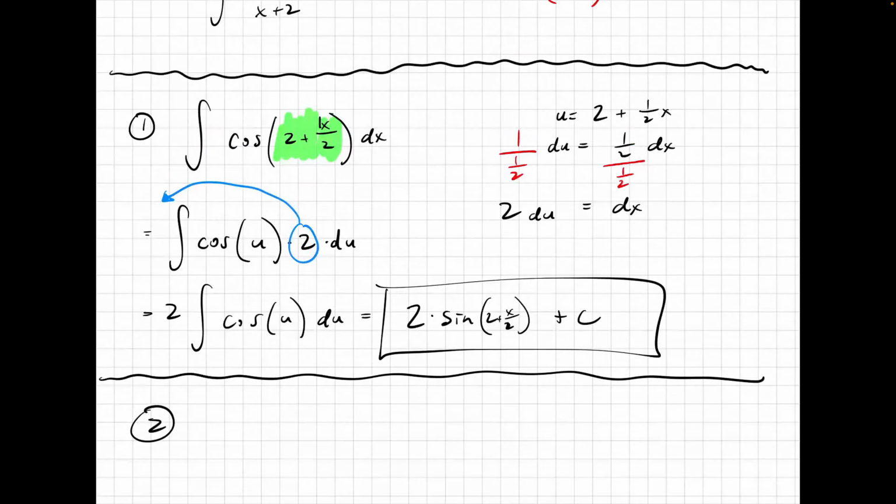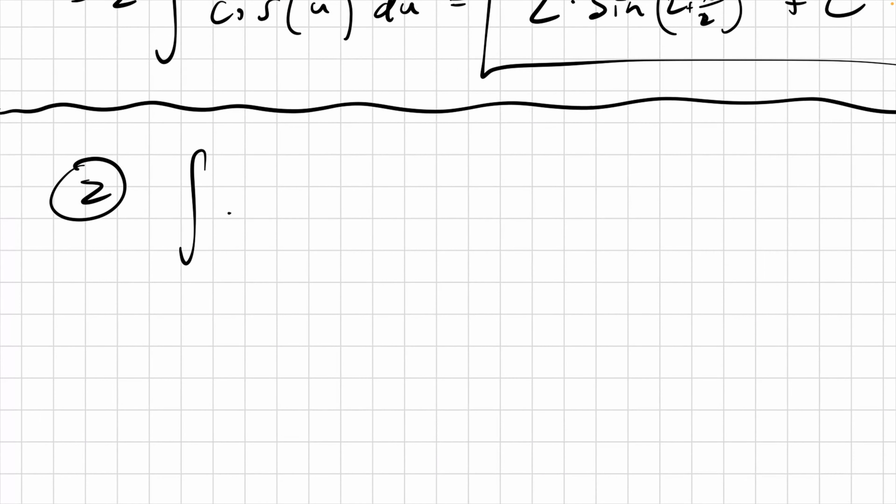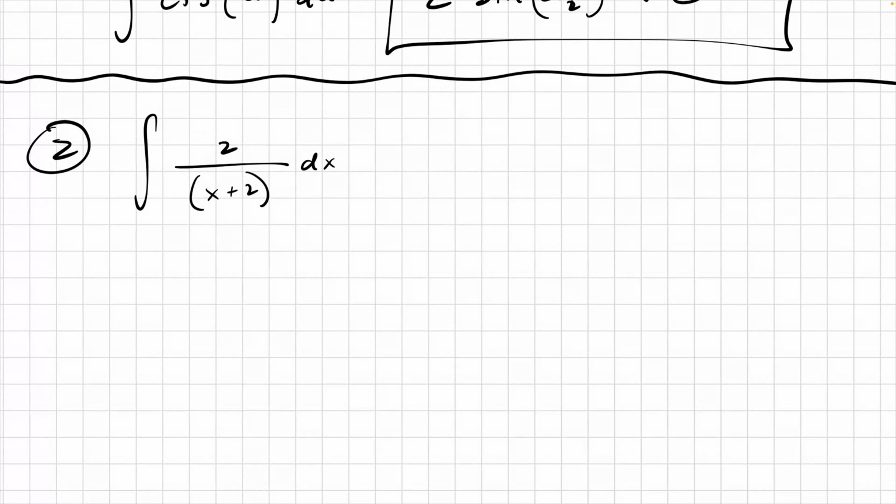So number 2 is 2 over x plus 2. And then I've got a binomial x plus 2. Now you can change it. You can move it up to the front. You can rewrite it like this: 2 times x plus 2 to the negative 1.